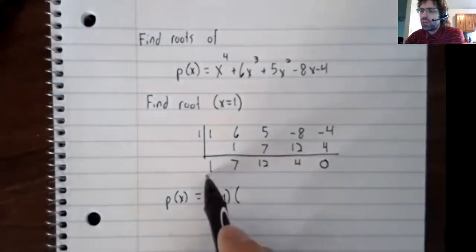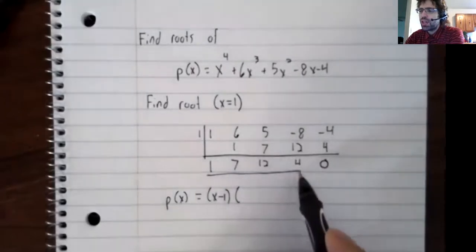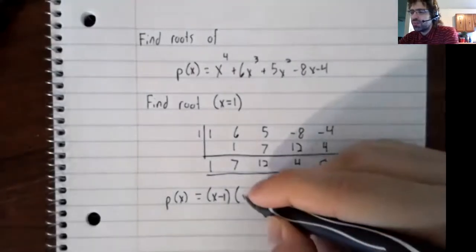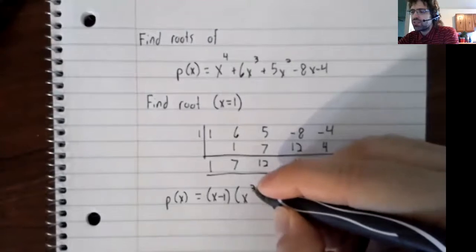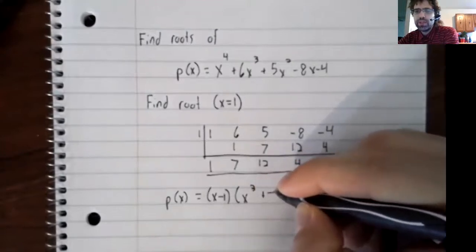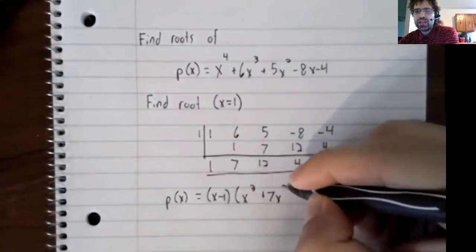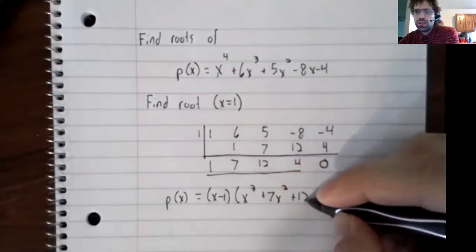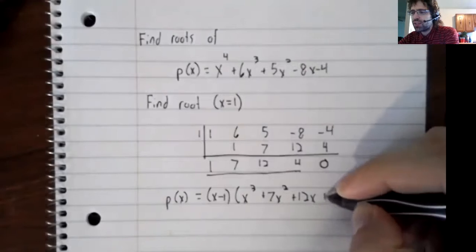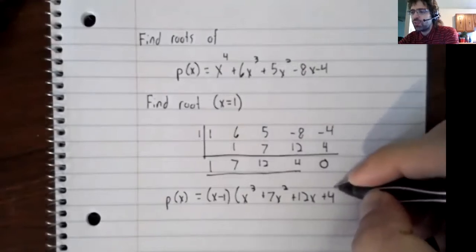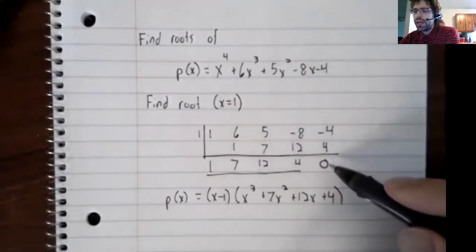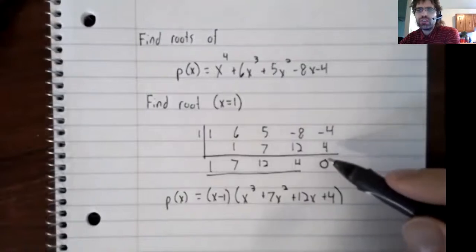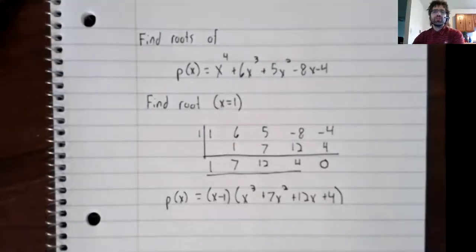X minus 1 times this, which is 1x cubed plus 7x squared plus 12x plus 4, and our remainder is 0. So that's all there is.